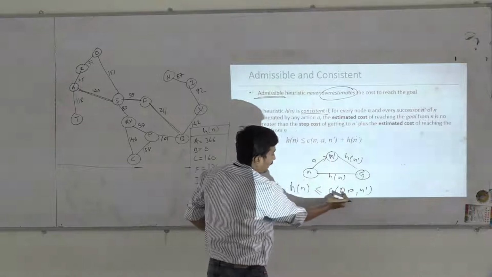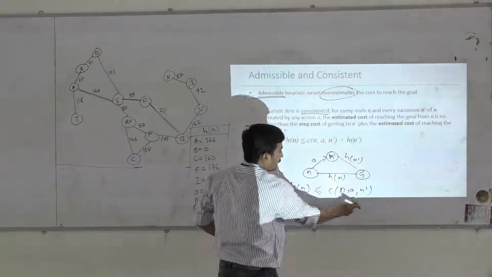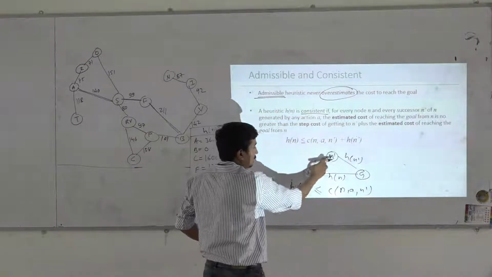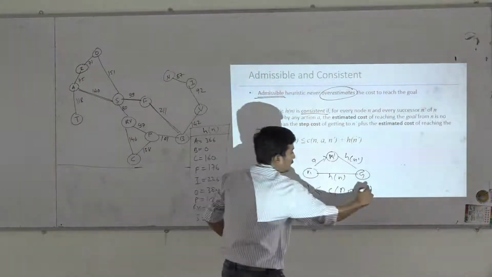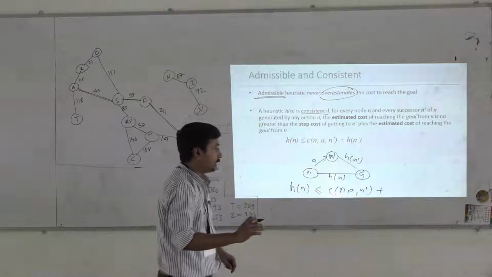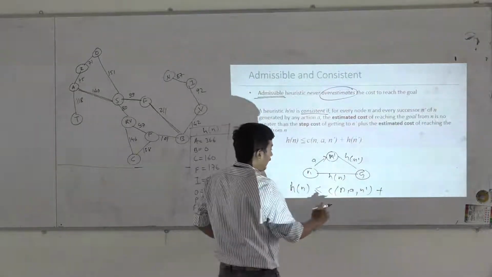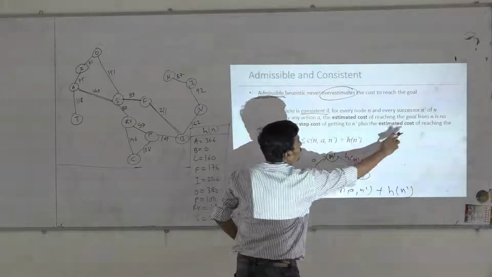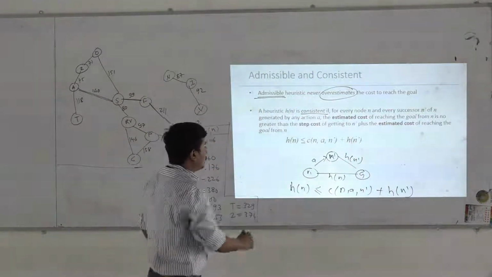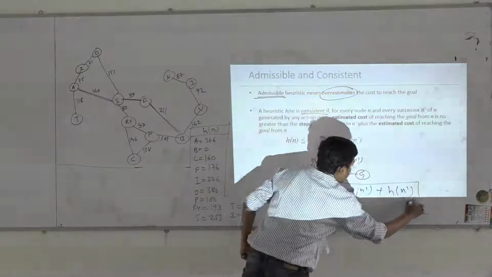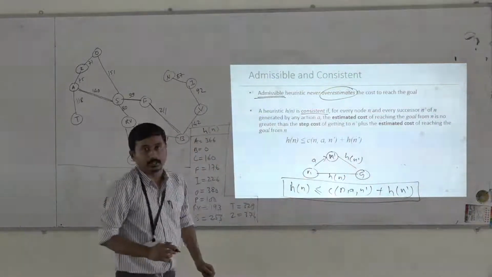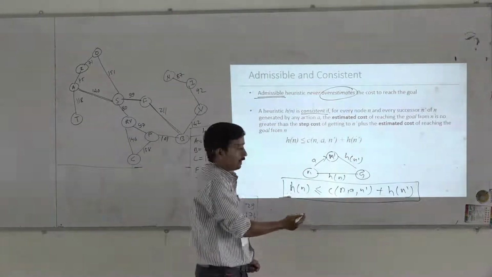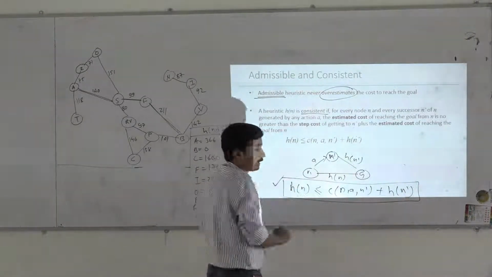If you apply action A on n and n dash is generated, this function will give us a step cost, not the path cost, plus the estimated cost of reaching the goal from n dash. Your heuristic function must satisfy this inequality. This is actually a triangle inequality, right? Every triangle should satisfy this one.